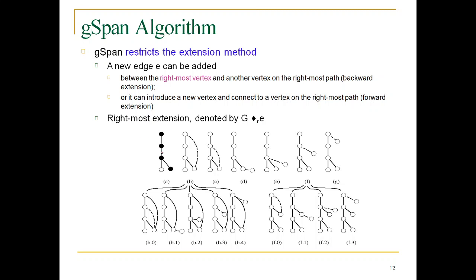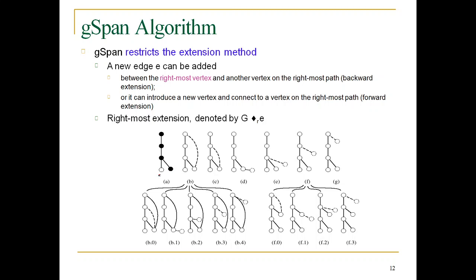So either we are going for the forward extension as well as the backward extension. We are only going to use the rightmost vertex. So here we are going to remove this path. When we are attaching the values, we attach only to the rightmost path.